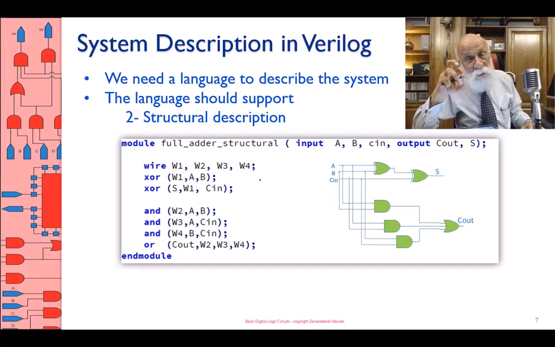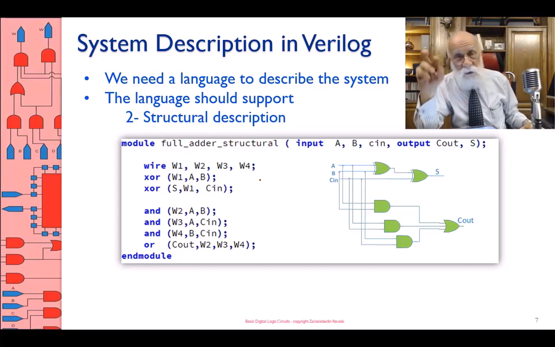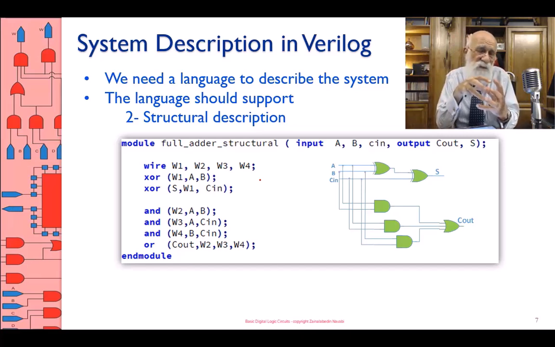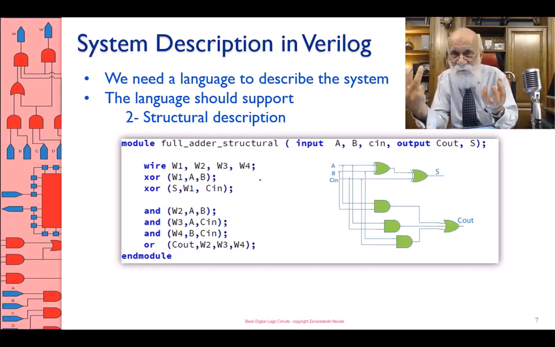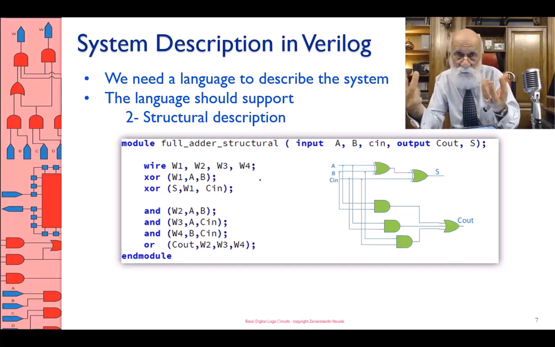Verilog allows you to interconnect components, whether they are behavioral components or structural components, or you have one component within which there are many, many gates. You look at it, you say, well, this is one component. But then inside it, there are many gates. This is a component you have described at the behavioral level, but nevertheless, you want to wire them together. You have a system that uses that behavioral description, also that gate level description of it.